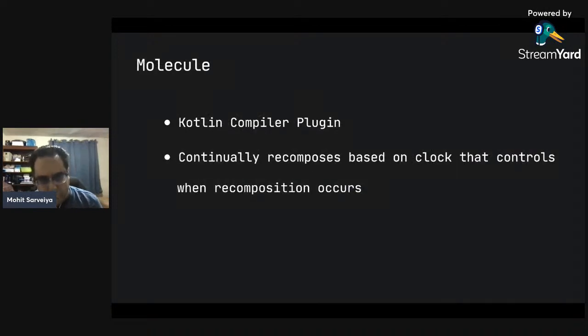So Molecule is a compiler plugin, and what it does is continuously recompose based on some clock that you provide, which determines when the recomposition occurs. It's able to take that presenter I showed you, a composable function, and generate a state flow. And I'll show you more of how that works.